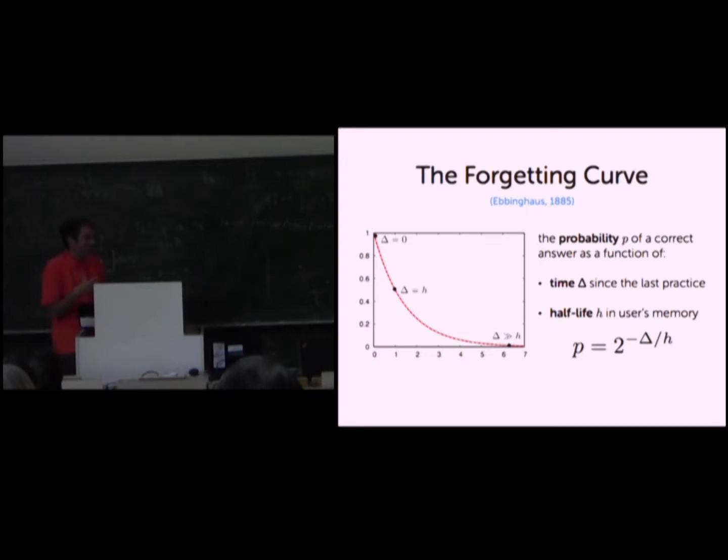His result shows that the probability of remembering something is a function of how long it's been since you've had to remember it, and how sticky the concept is in your memory, something that we'll call the half-life of a concept. So concepts have some sort of intrinsic stickiness, and it's also a function of how long it's been since you've had to remember that.